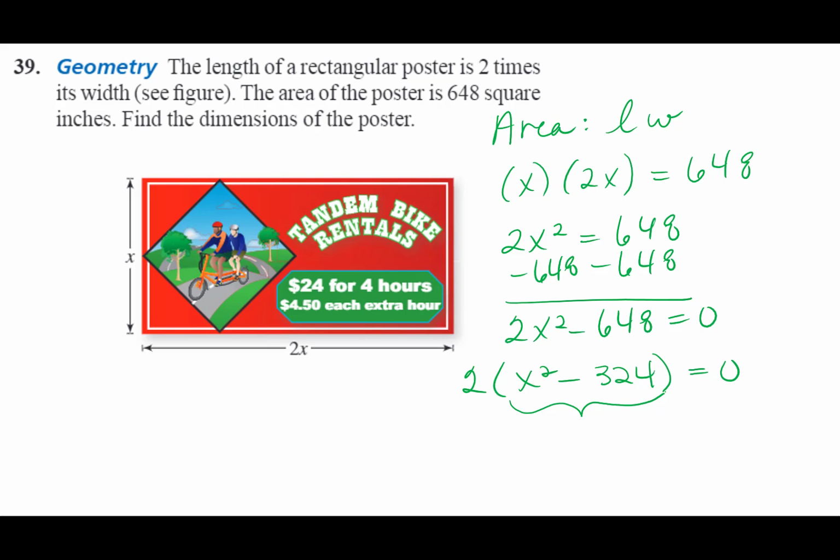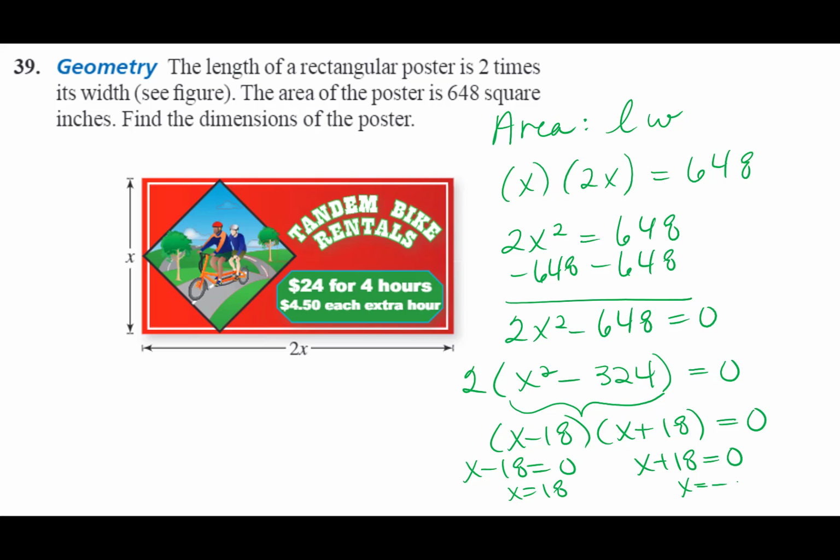And if you're not familiar with the square root of 324, just quickly take out your calculator to find that the square root of 324 is 18. So this will factor to x minus 18 times x plus 18, and then we'll set both of those equal to 0. And do you see that we will have an x equals positive 18 answer and an x equals negative 18 answer?